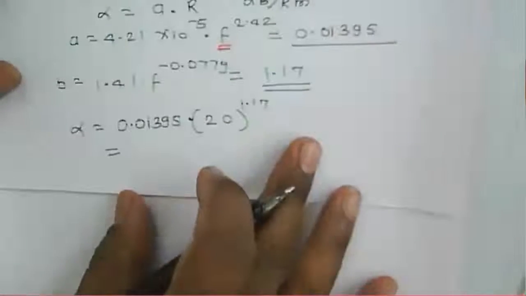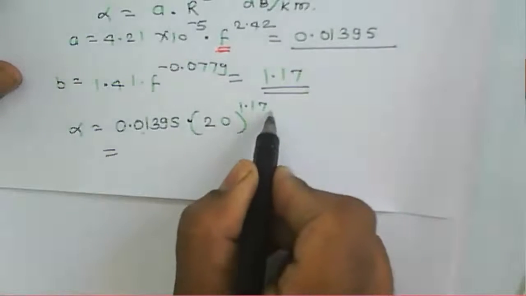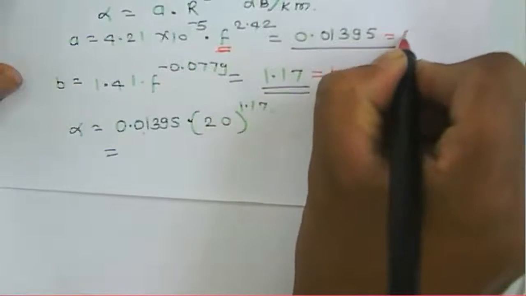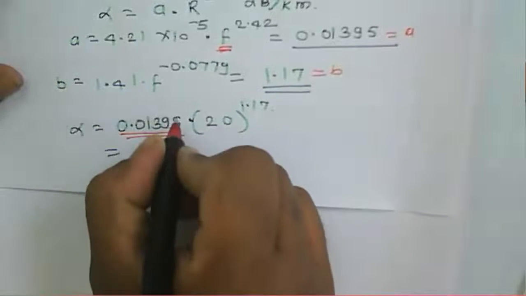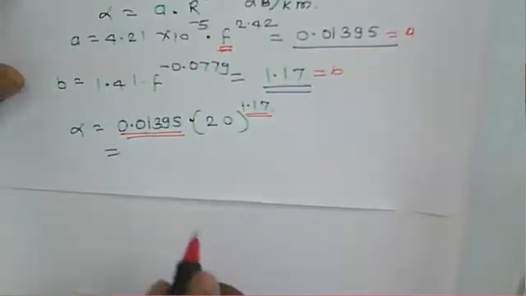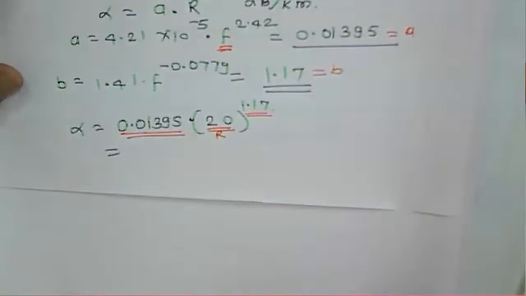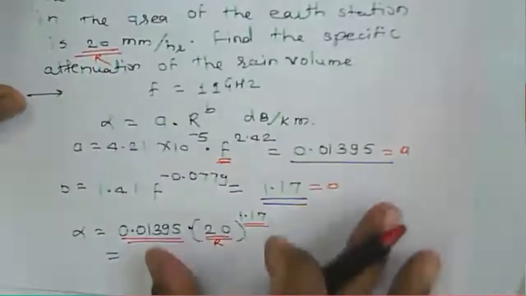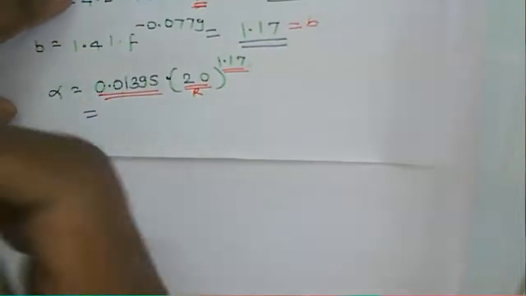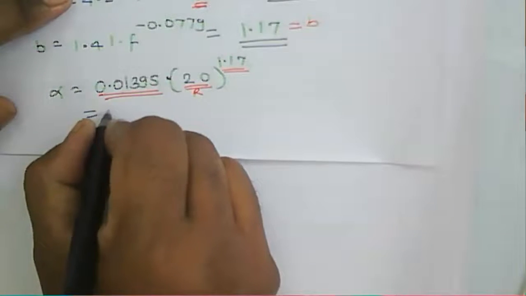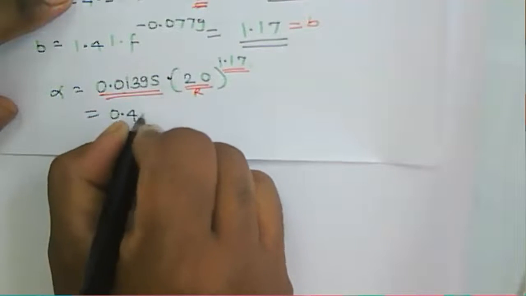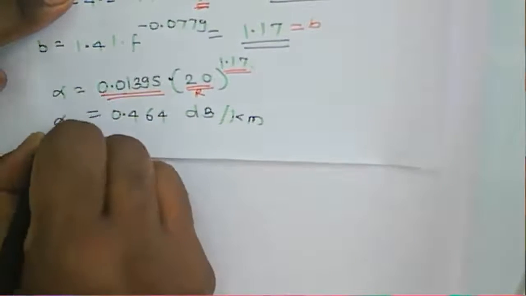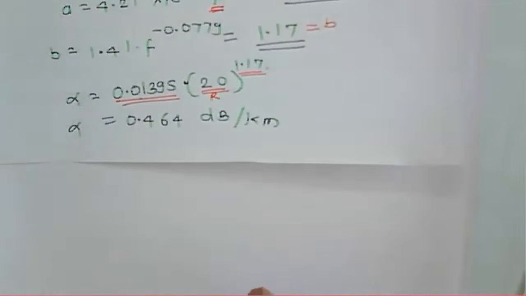If you solve it, we get alpha, the specific attenuation, equal to 0.464 dB per kilometer.